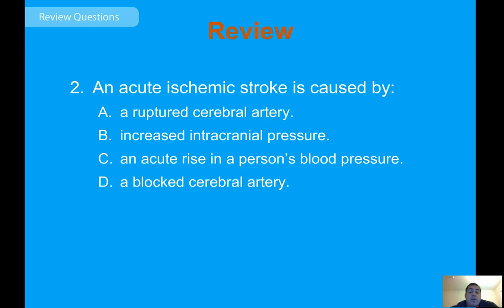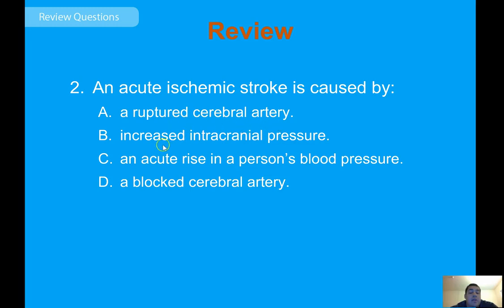An acute ischemic stroke is caused by... So remember what an ischemic stroke is. What is a hemorrhagic stroke? So is a ruptured cerebral artery an ischemic stroke, or is that a hemorrhagic stroke?